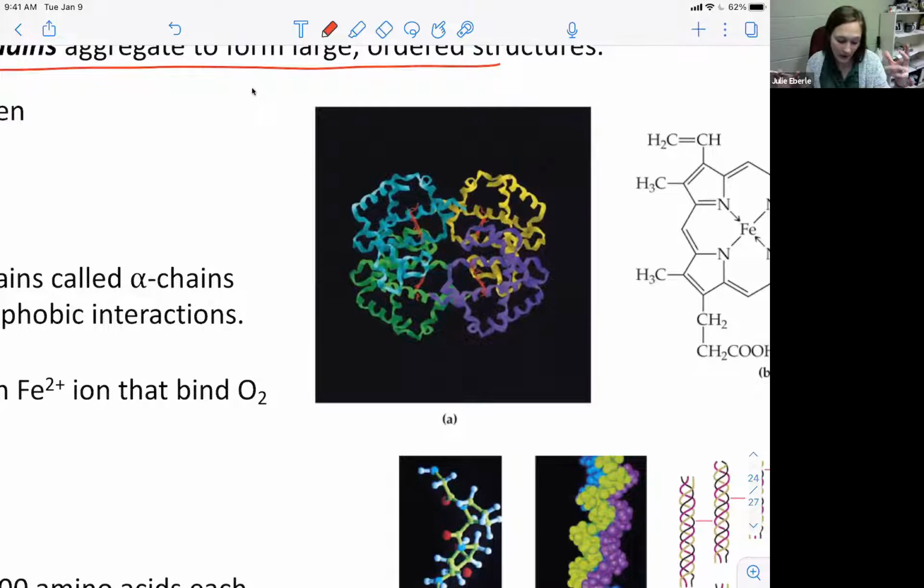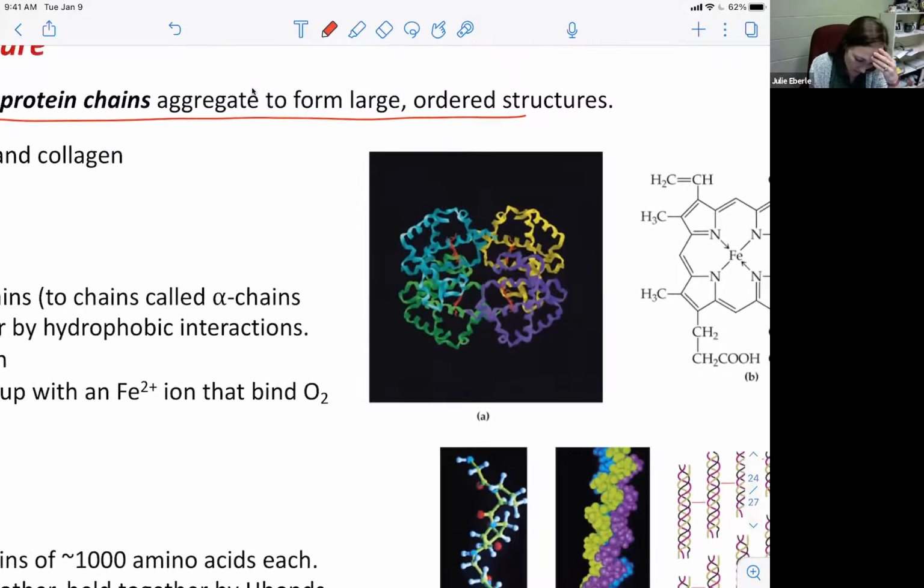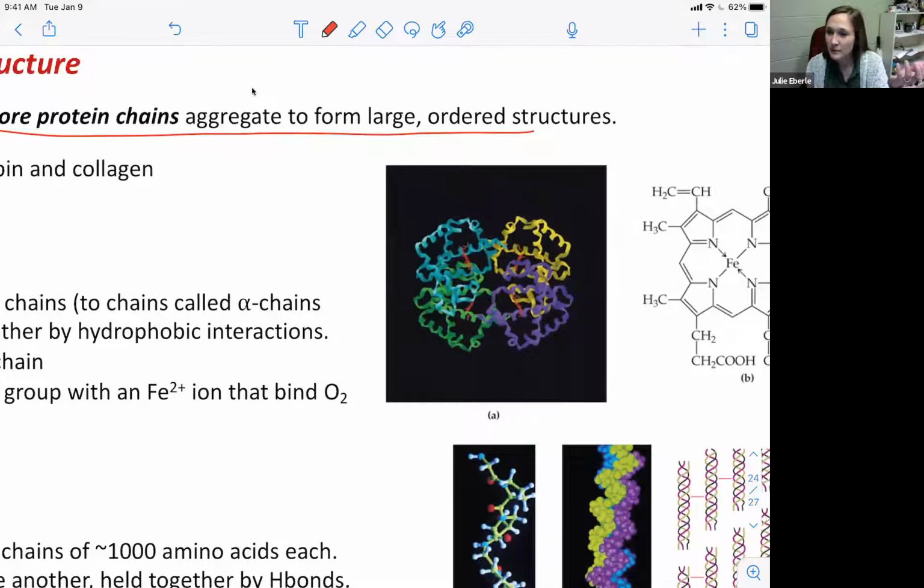So within hemoglobin, we have 4 chains linked together to form the overall structure, and that's the quaternary structure of hemoglobin. Each chain, or sometimes a combination of chains, can form subunits, and these subunits are linked together to get this huge globular or fibril type structure.